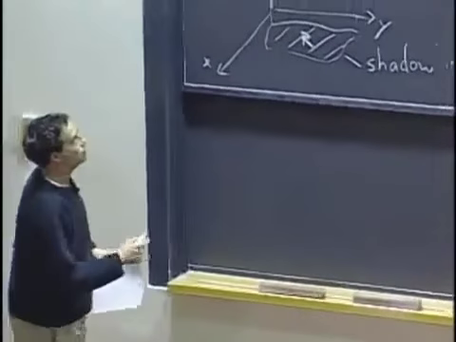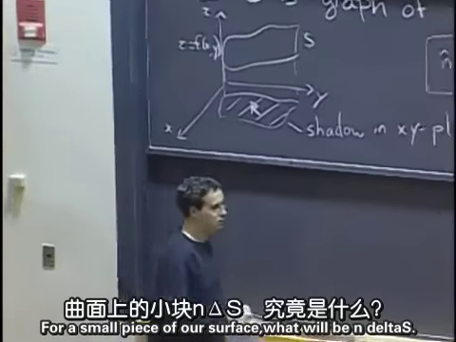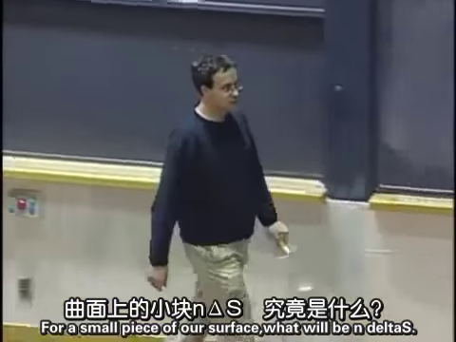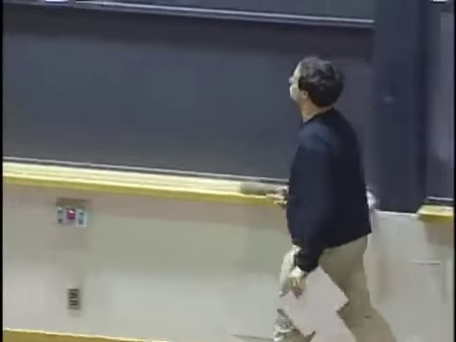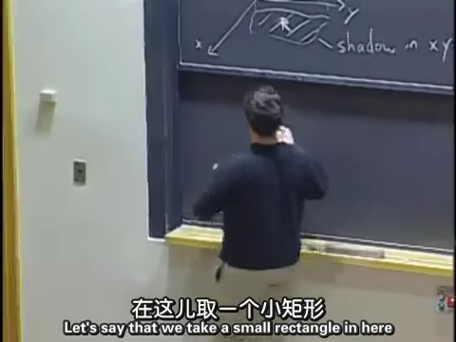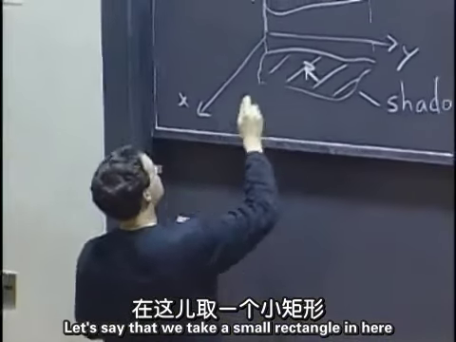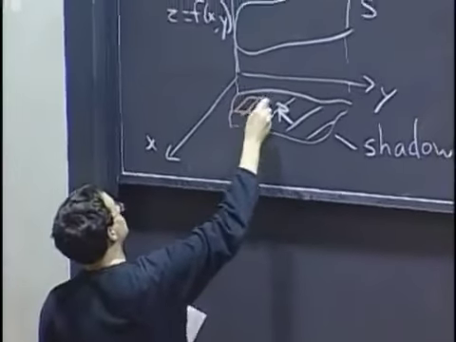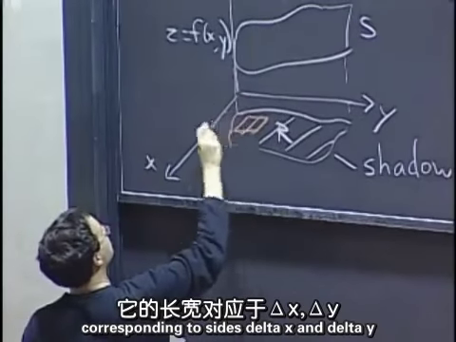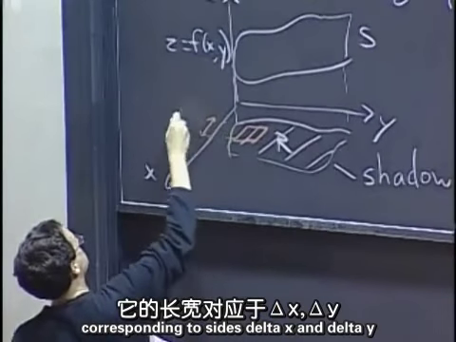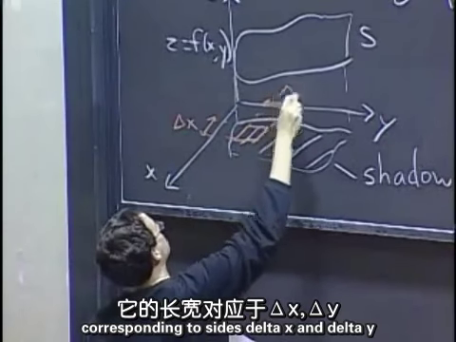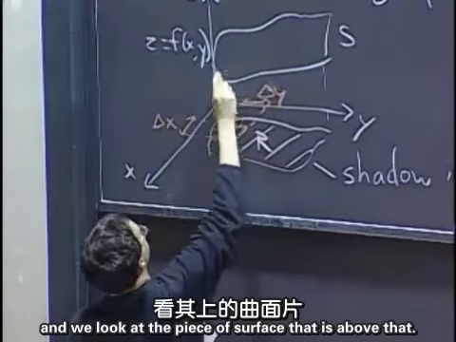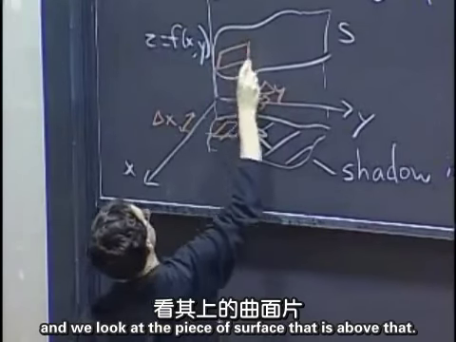So we need to figure out, for a small piece of our surface, what will be n delta S, if you want. So let's say that we take a small rectangle in here corresponding to sides delta x and delta y, and we look at the piece of surface that's above that.